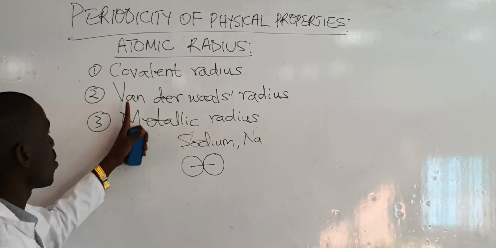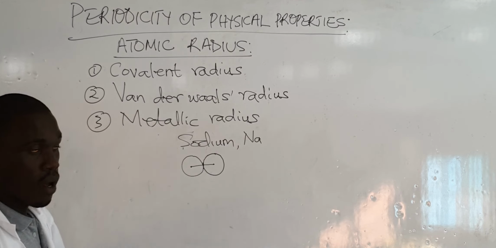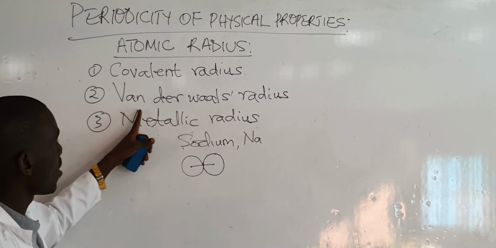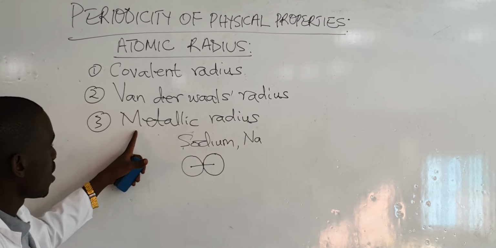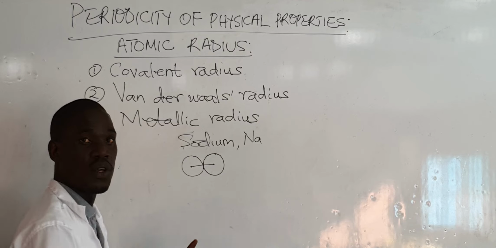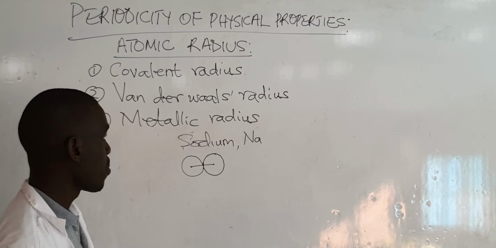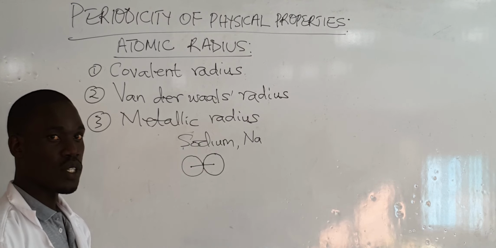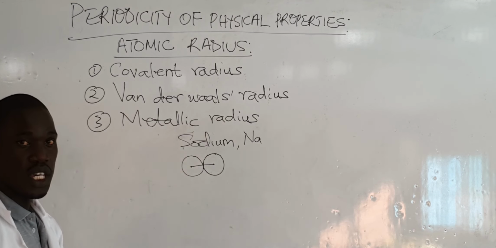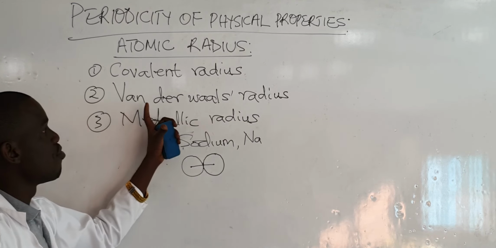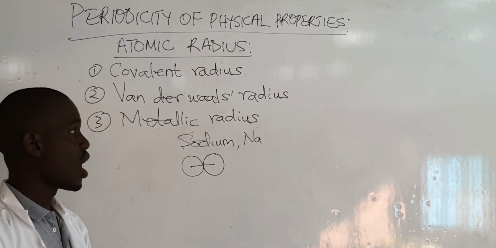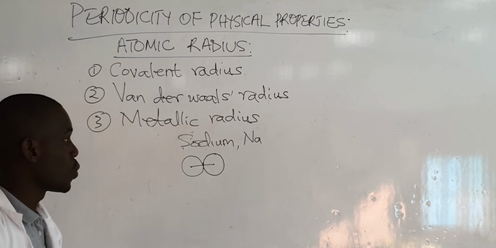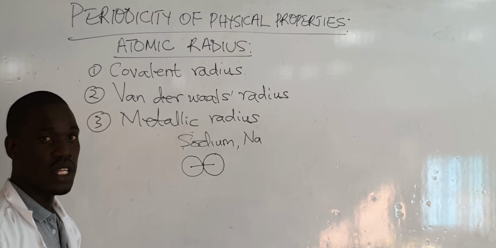So this covers what we call atomic radius, where we have covalent radius, van der Waals radius, and metallic radius. In summary, for covalent radius, we have two atoms which are covalently bonded to each other. In van der Waals radius, we have two atoms which are adjacent to each other, but not bonded to each other.